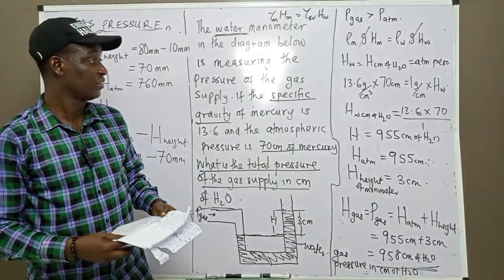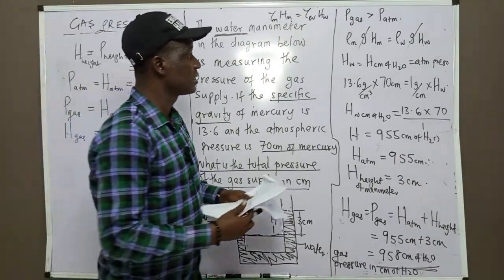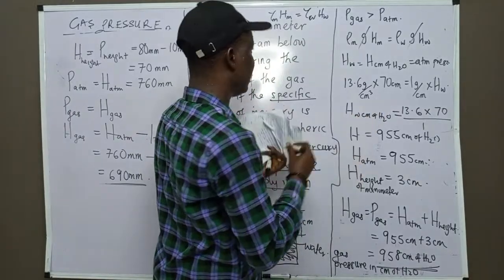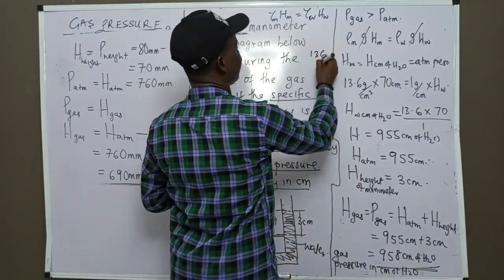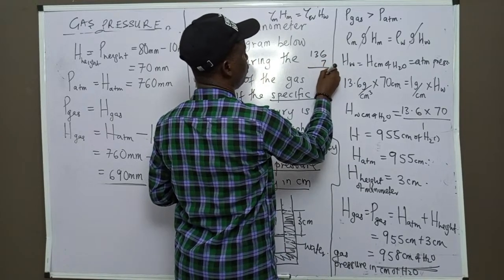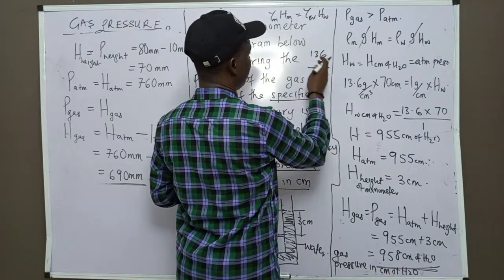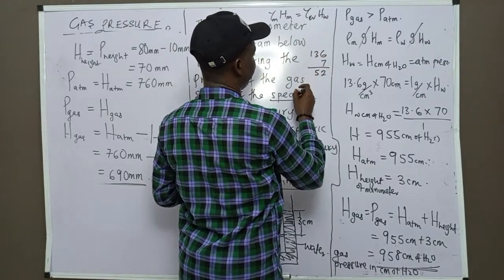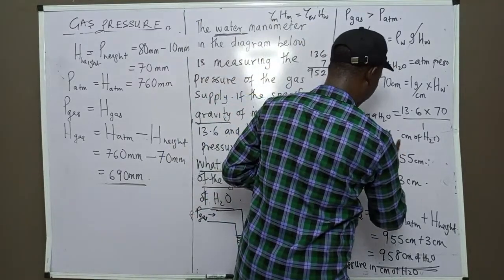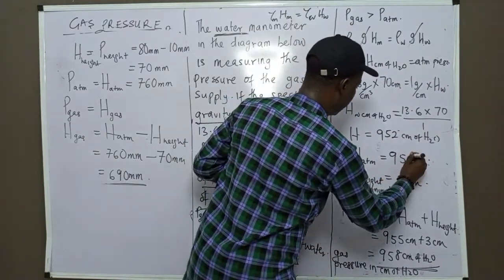So to solve this kind of question, ensure you check your multiplication. Let me confirm that one: 136 times 7. We have 2 carry... sorry, this should be 952.